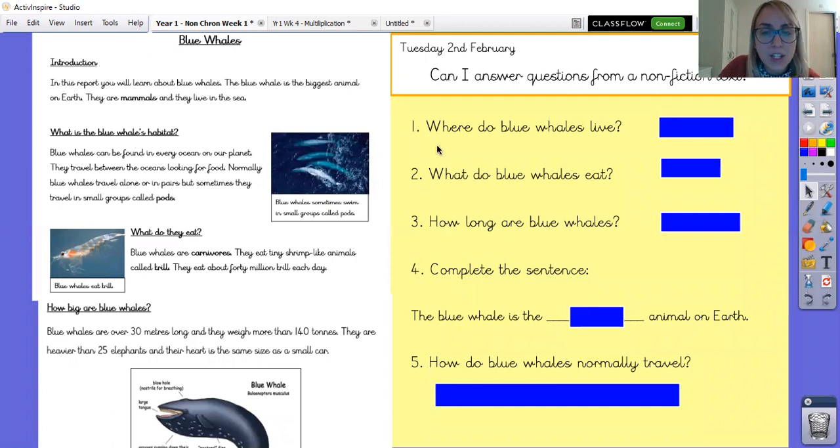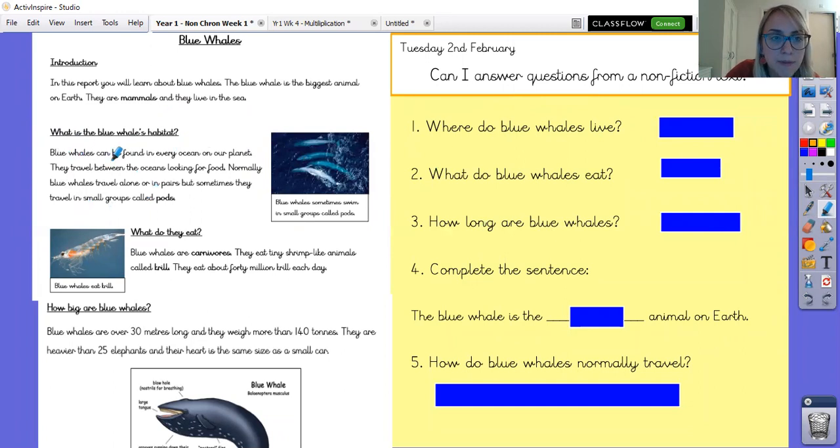Number 1, where do blue whales live? Okay, now I'm going to look through my non-chronological text. Where do blue whales live? Now, I'm sure there's a subheading about where blue whales live. That's right. What is the blue whale's habitat? I know habitat is where an animal lives. So I must be able to find the information to this question in this paragraph.